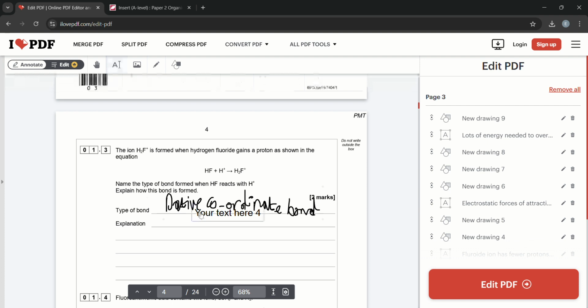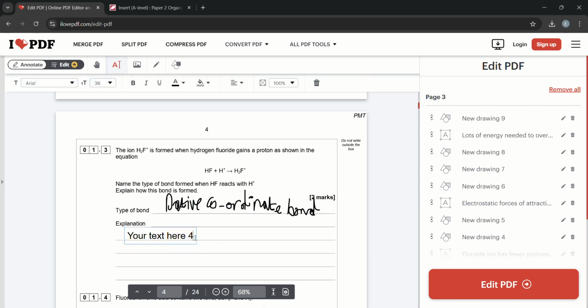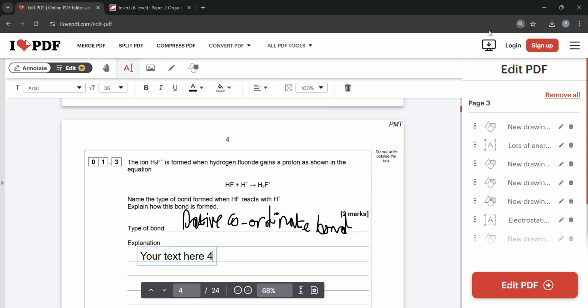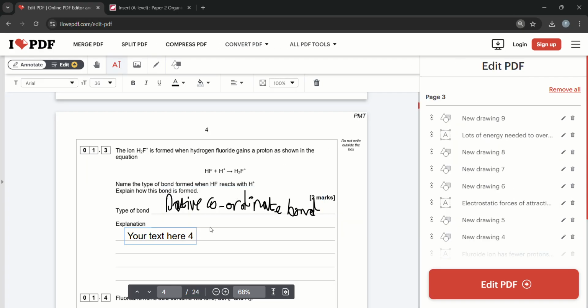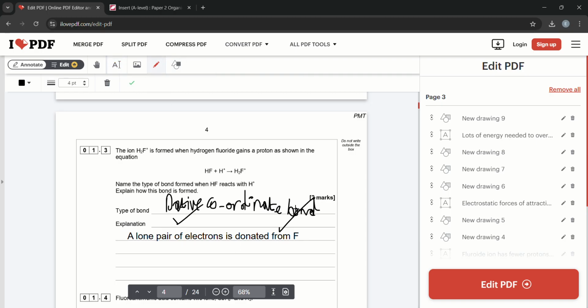Explanation, well, because a lone pair of electrons is donated from F. And let's just say coordinate bond here.